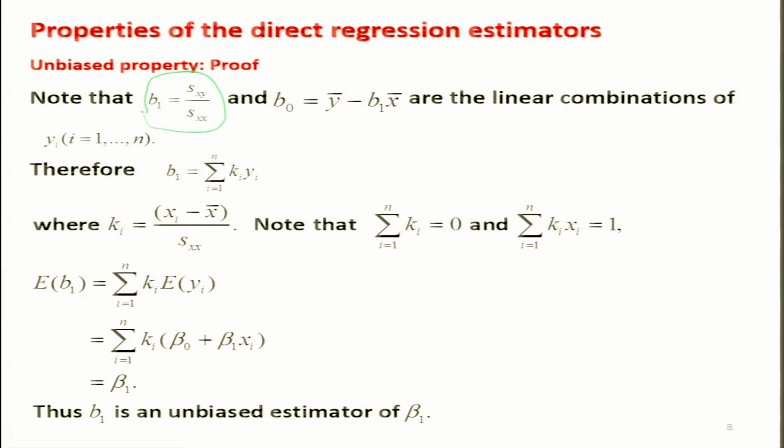B1 is Sxy upon Sxx, and B0 was y bar minus B1 x bar, right. And both, if you try to see, they are linear combinations of yi's, they are functions of yi's.